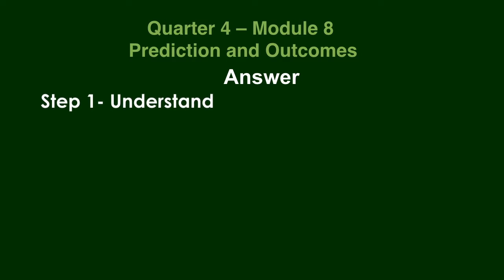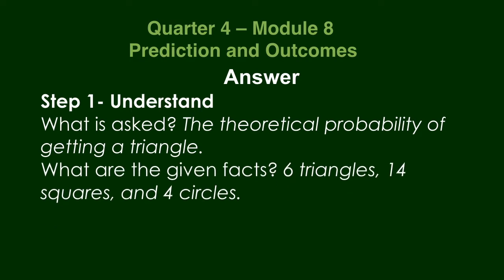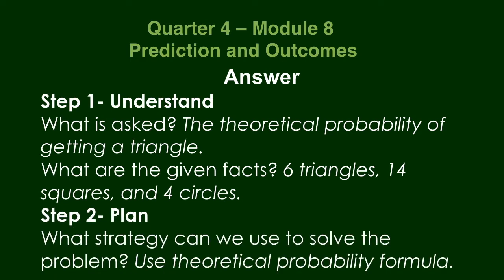Following all the steps, we can answer now the given example. For step number 1, understand what is asked. The answer is the theoretical probability of getting a triangle. Next, what are the given facts? We have 6 triangles, 14 squares, and 4 circles. The next step, plan what strategy can we use to solve the problem.